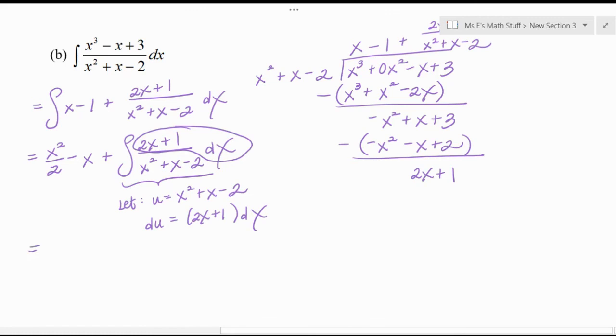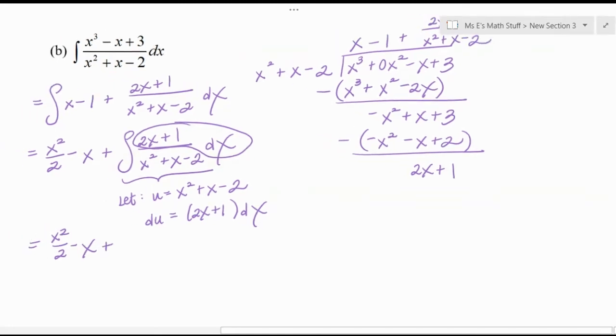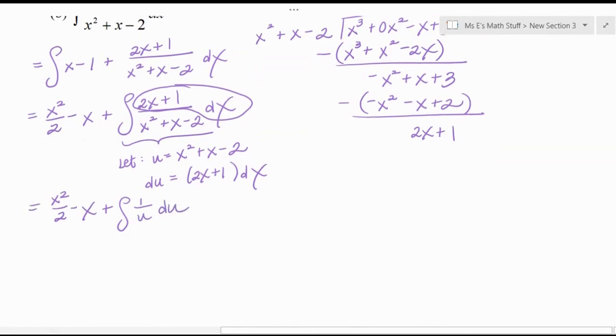Anyway, so you'd end up with x squared over 2 minus x from the previous work. And then your second integral, if you write it in terms of u, would be the integral of 1 over u du. And so you could be done pretty quickly. You could also use partial fraction decomposition and end up in the same spot.